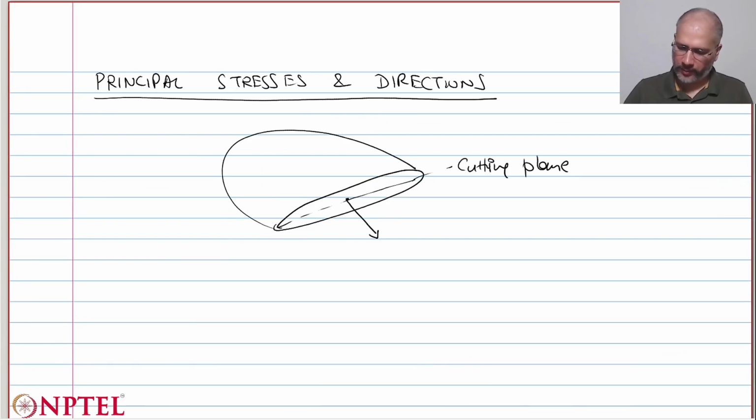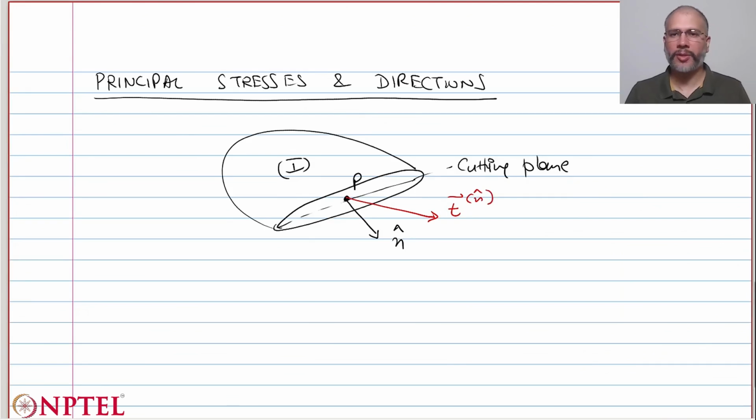And this is our part 1 of the body, and we also have a part 2, which is not shown because we're only drawing the free body diagram of part 1, which is created by hypothetically slicing the body through this cutting plane, passing through the point P, and this is the normal vector n hat, which denotes the cutting plane. And we'll see that the traction vector in this case will be in some direction like this, and this is denoted as the traction vector on the cutting plane n hat.